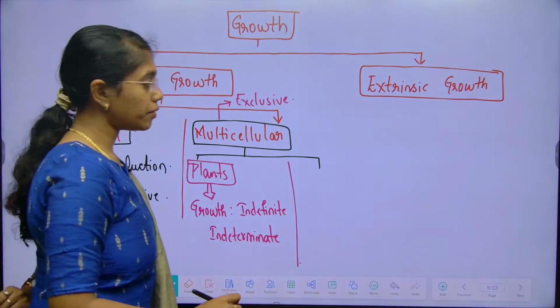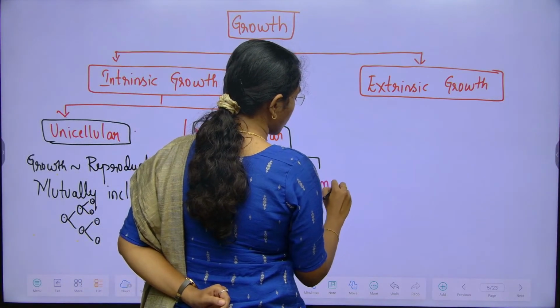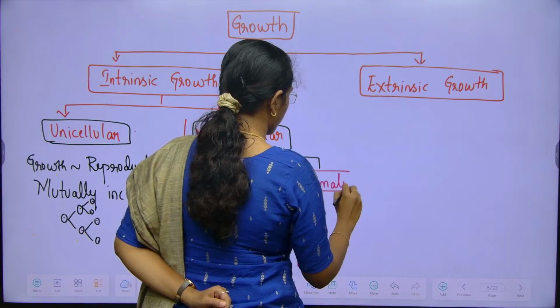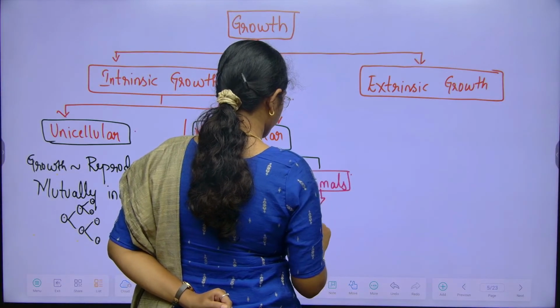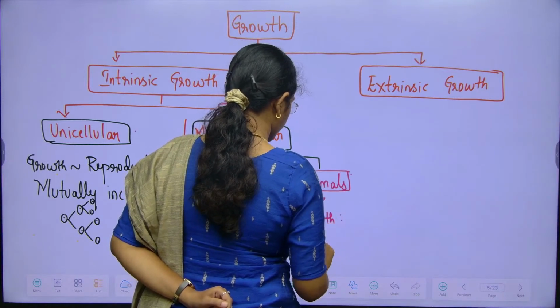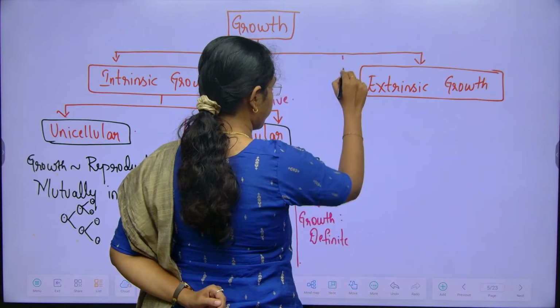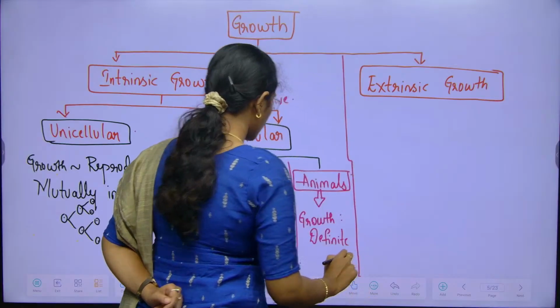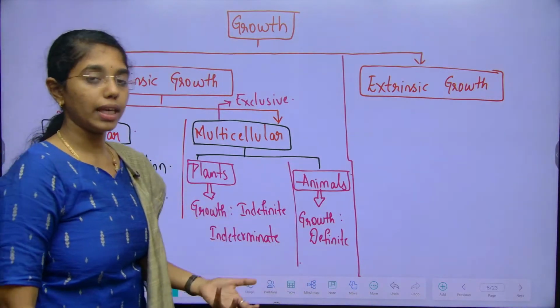In animals, growth is definite. It will be only for a certain period of time. Got it? So here in multicellular organisms, growth and reproduction are mutually exclusive.